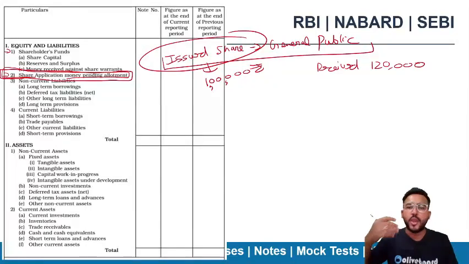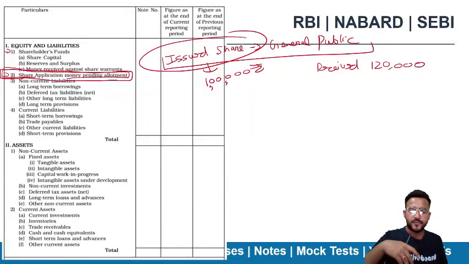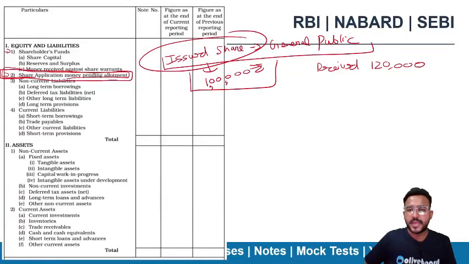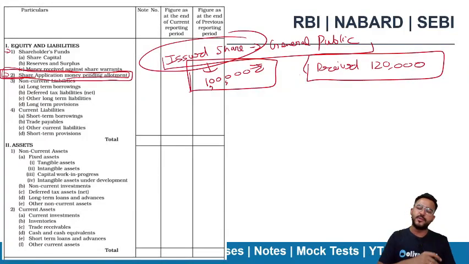I haven't allotted the shares yet. So there is a process. First, you will apply in my company for the shares. Then I will allot you. I have expressed that I will be issuing 1 lakh rupees as my share capital, but you paid 1,20,000. In total, I received 1,20,000 rupees.